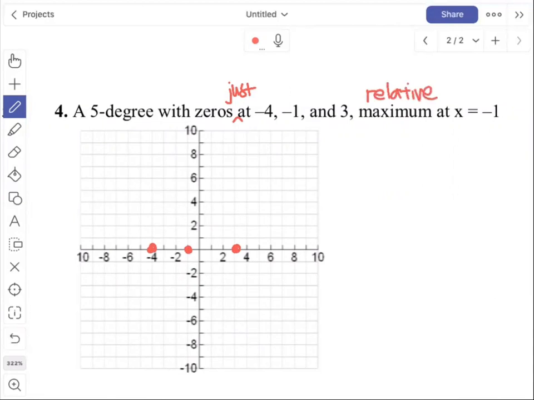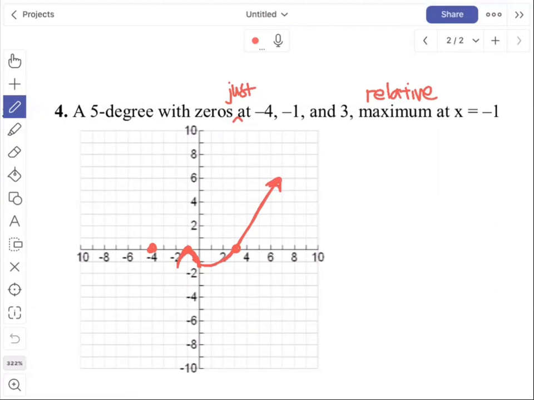All right, so since I want a relative maximum at x equal -1, I know that it needs to peak at that point. All right, and so let me go ahead and kind of hit that 0 right there on that side. And I need to hit the other one too.